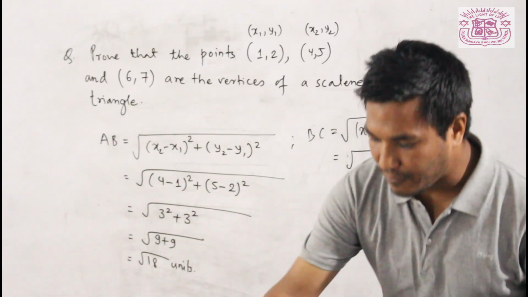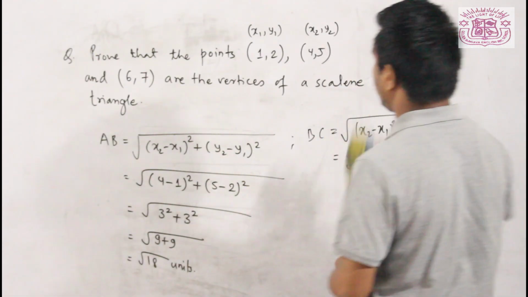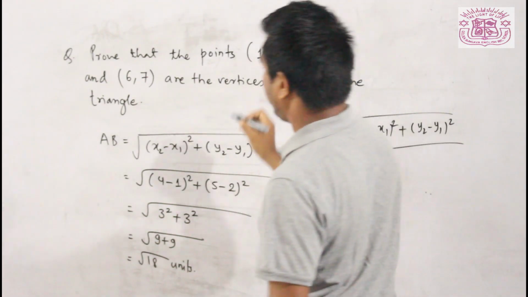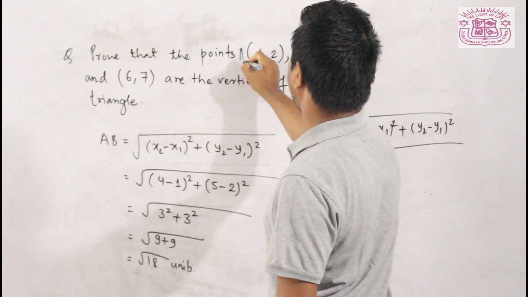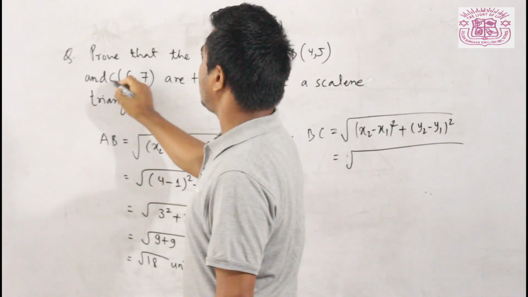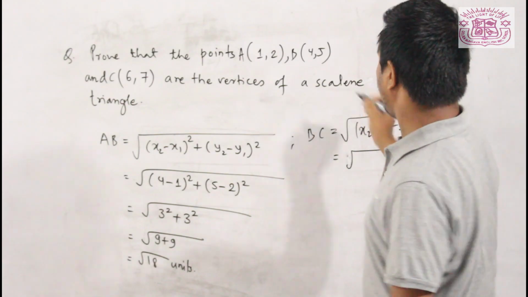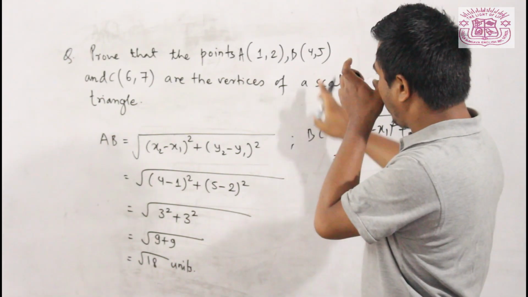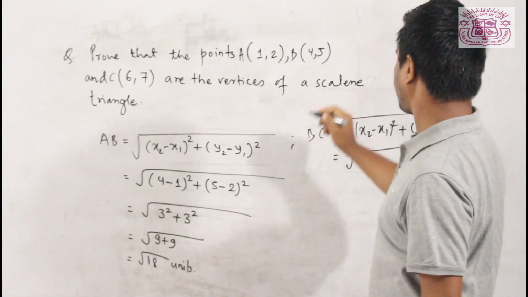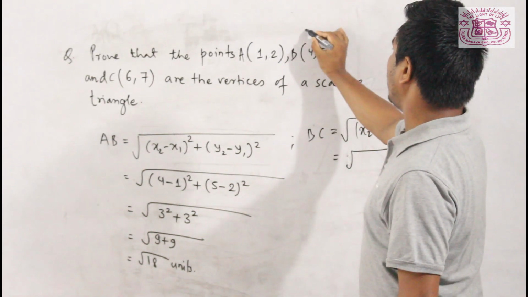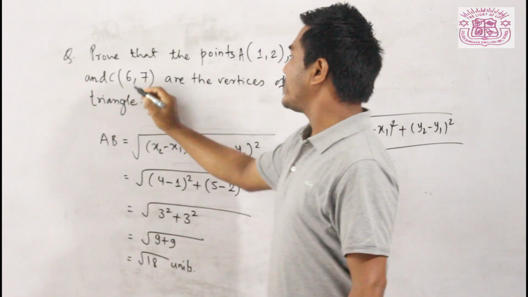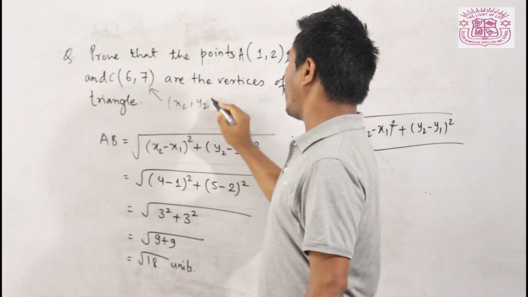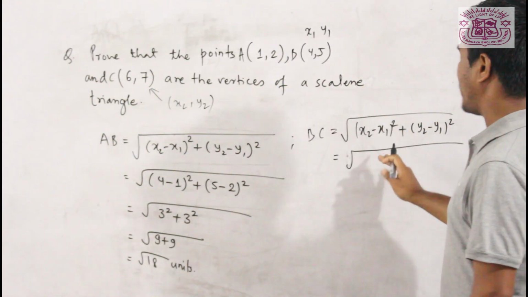For the distance of BC, we have to suppose these points as A, B, C. I forgot to label C over here. Now for BC, we suppose this as x1, y1, and we suppose this as x2, y2. Now use all of these values over here.